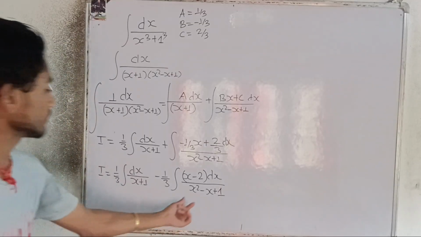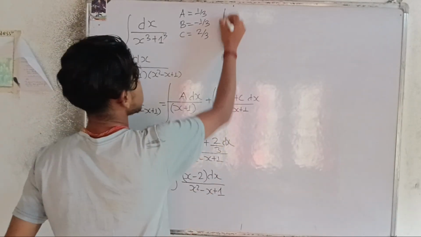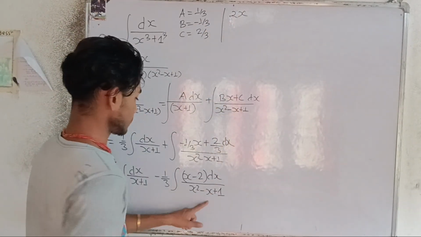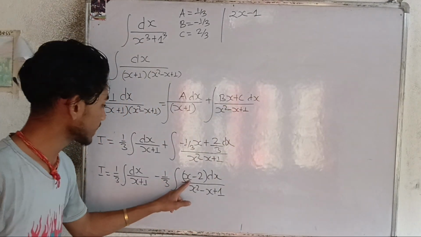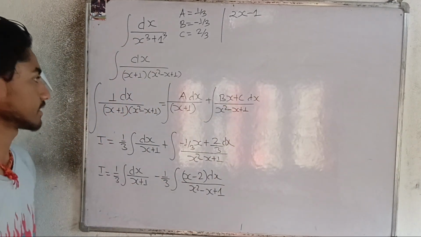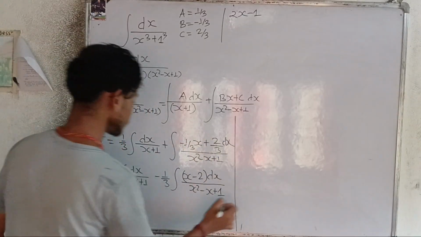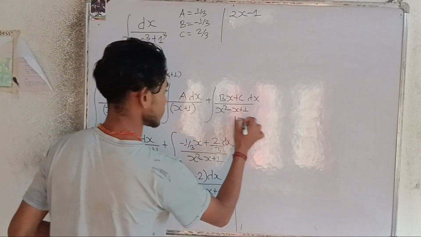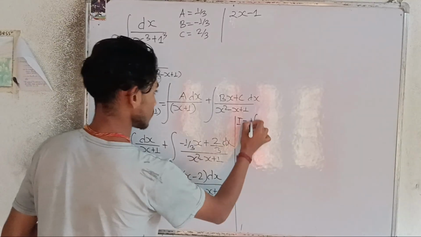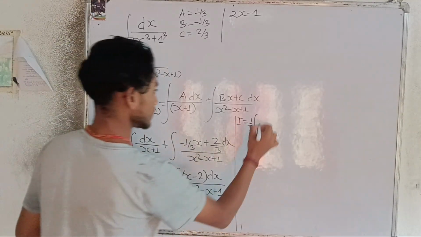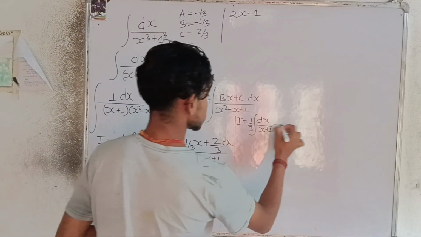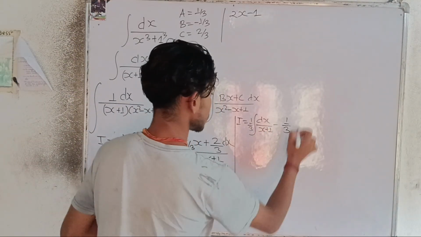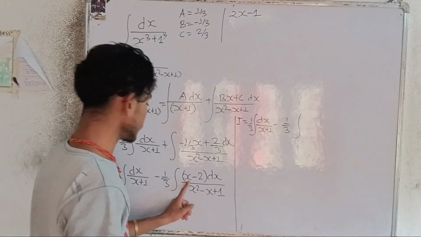So now if you differentiate this function, you will end up getting 2x minus 1. So you have to make 2x here, something like that, right? So now I is integral 1 over 3 dx over x plus 1. Okay, so 1 over 3. So I'm going to make 2x here.